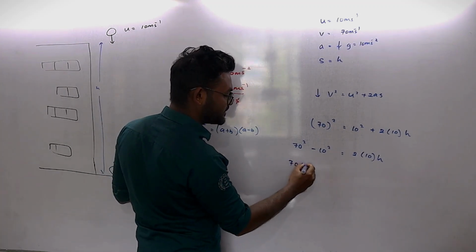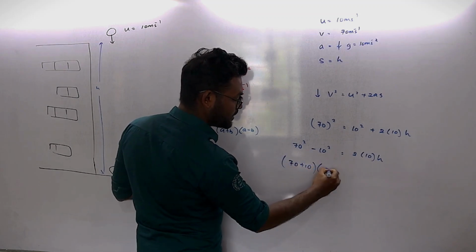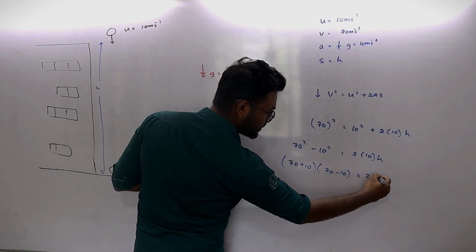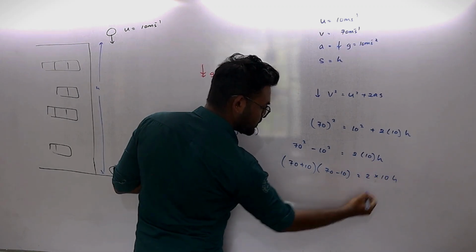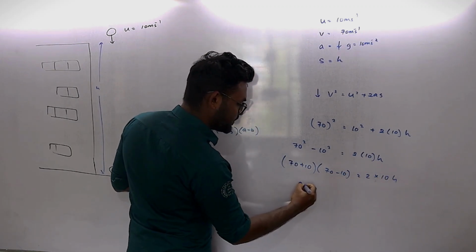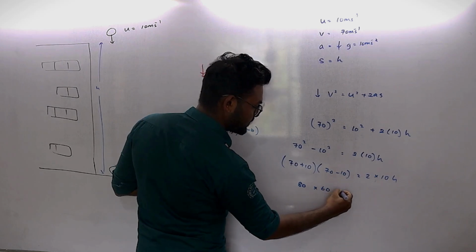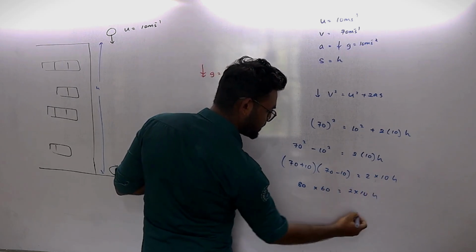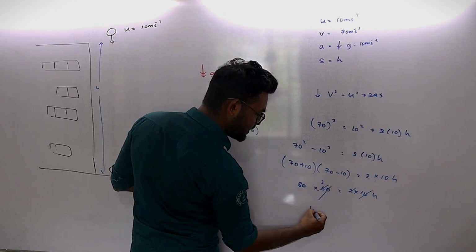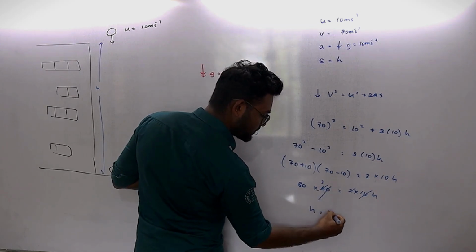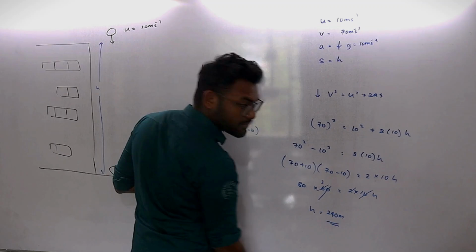So it's 70 plus 10, 70 minus 10 equals 2 into 10 into H. 80, 60, 2 into 10 H. That cancels off, this cancels off with 3, H equals 24 meters.